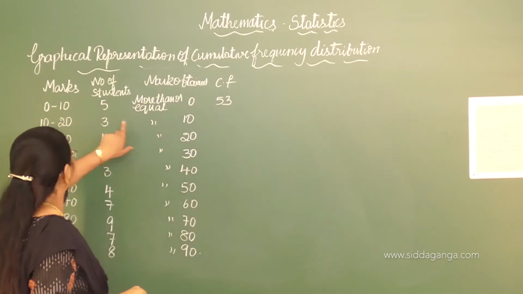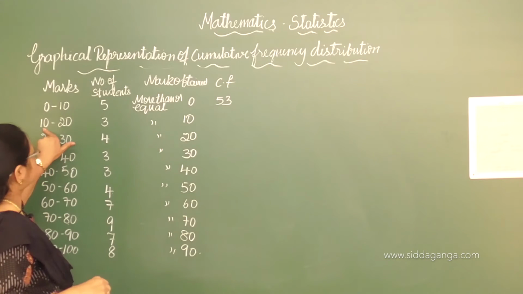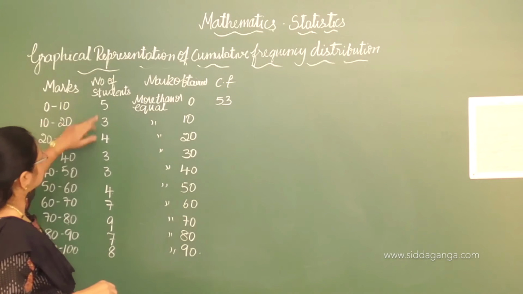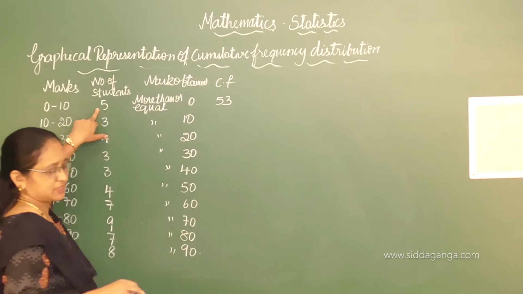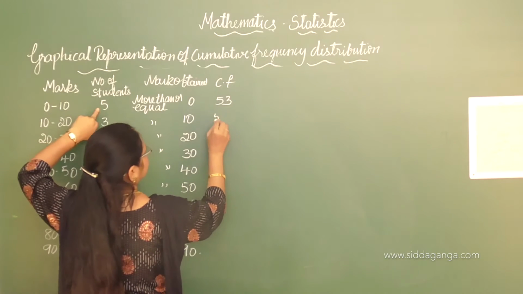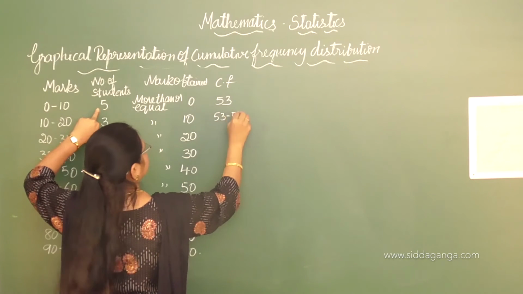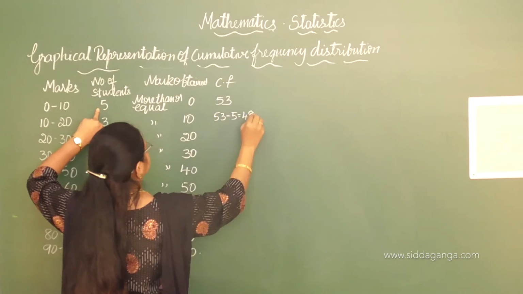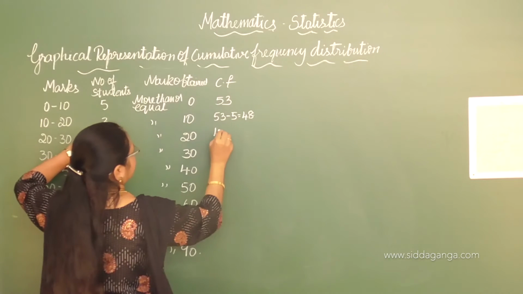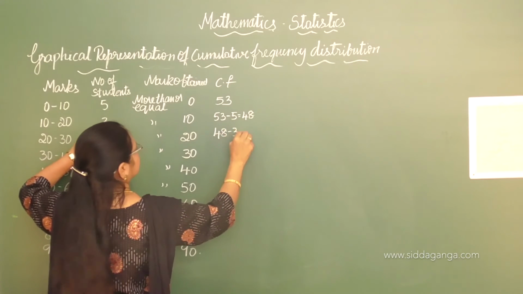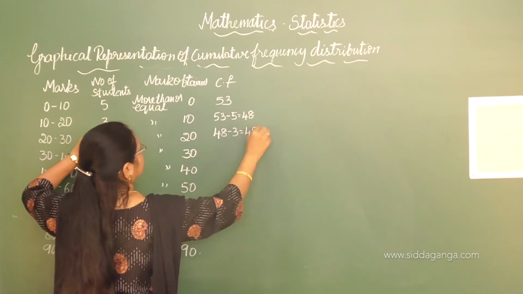Next, more than or equal to 10 means you have to subtract 5 from that. So 53 minus 5, 48. Next, 48 minus 3, that is 45.